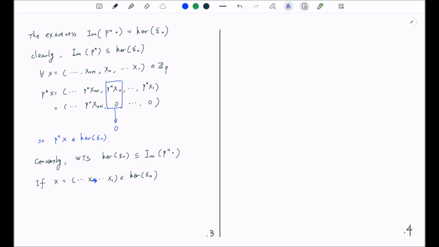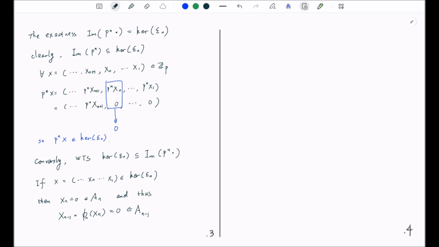Then its nth component must be 0 in A_n. And it follows from the compatibility that x_{n-1}, which is phi_n of x_n, must be 0 in A_{n-1}.